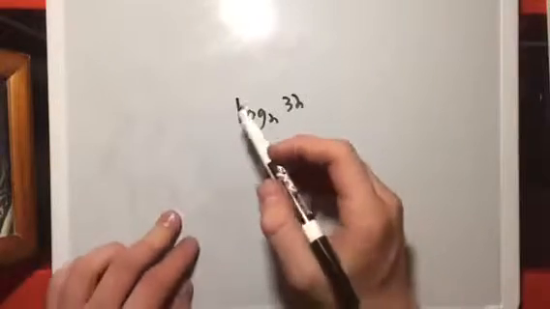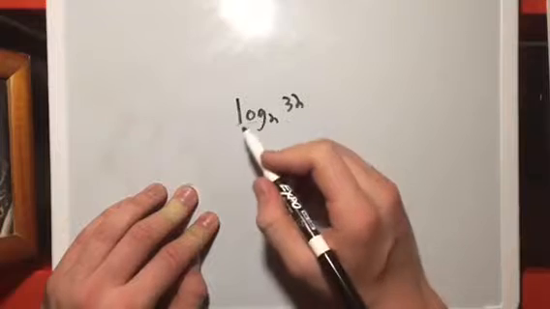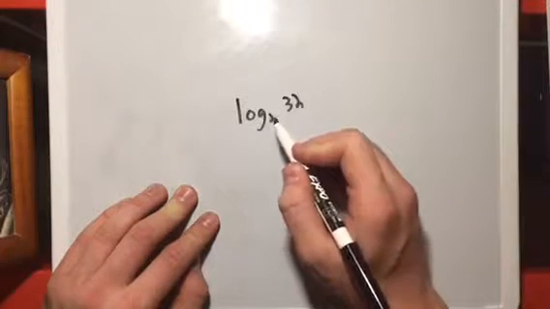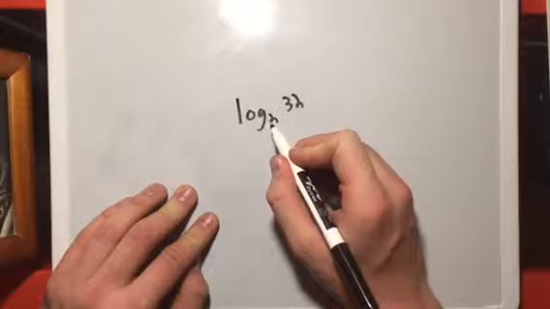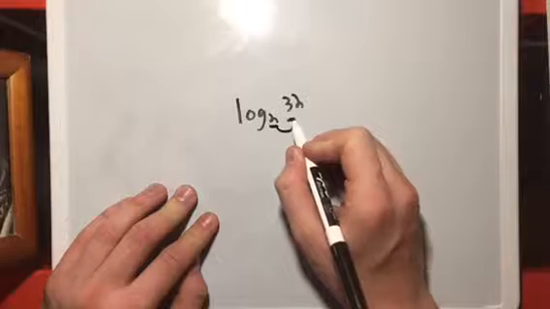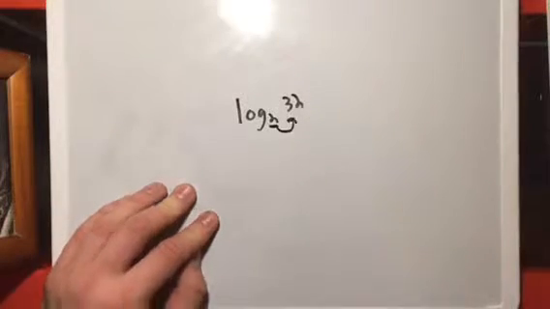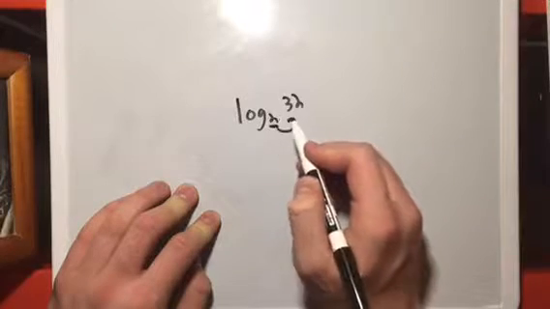So next, let's solve another quite simple logarithm right here. Log base 2 of 32. So again, we're finding out the power of which this 2 goes into this 32. How many times does 2 go into 32?